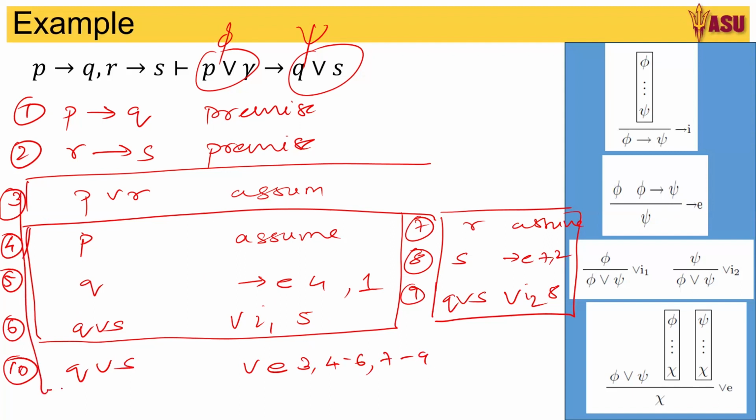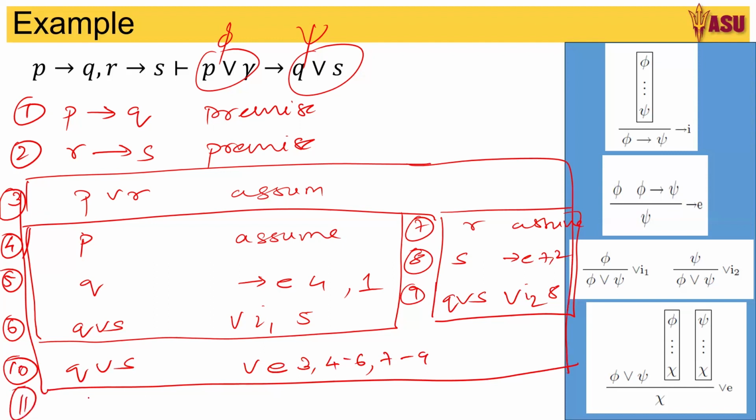So this is one thing. Now from this, I can conclude that P or R implies Q or S from introduction of implication 3 to 10.